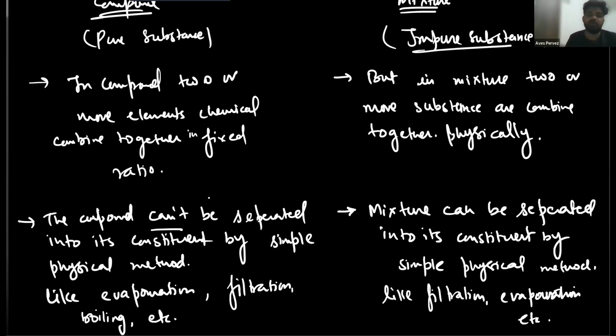Okay, let me explain. The compound cannot be separated into its constituents by simple physical methods. What do we mean by constituents? Constituent means what it is made up of. For example, hydrogen and oxygen combined together form water. The hydrogen and oxygen cannot be split by evaporation. Passing electricity is a chemical method. When you heat water or filter it, it will remain as water.